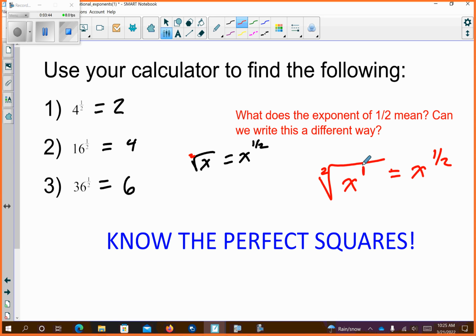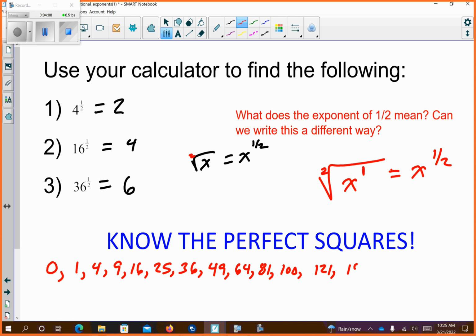So perfect squares: 0 times 0, 1 times 1, 2 times 2, 3 times 3, 4 times 4, 5 times 5, 6 times 6, 7 times 7, 8 times 8, 9 times 9, 10 times 10, 11 times 11, 12 times 12, 13 times 13, 14 times 14, 15 times 15.